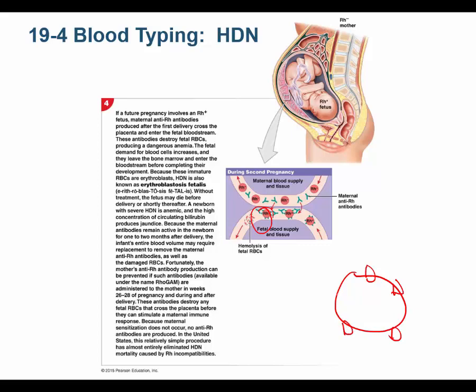And let's say this is the cell that's going to enter the mom's circulation. We give a shot of what we call RhoGAM. And it stands for Rh gamma globulin. And if you remember from the first lecture in this chapter, gamma globulins are antibodies. So Rh gamma globulin is an anti-D antibody.